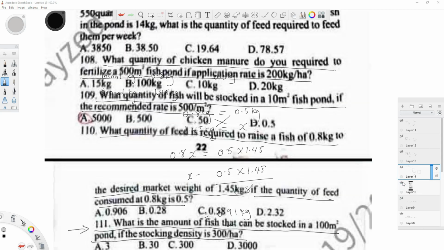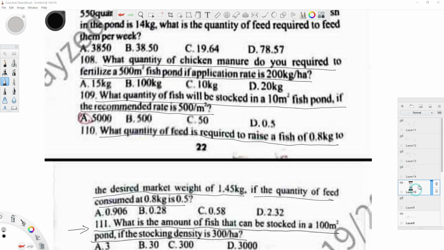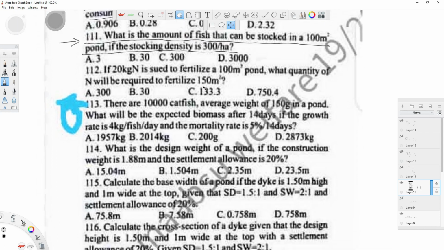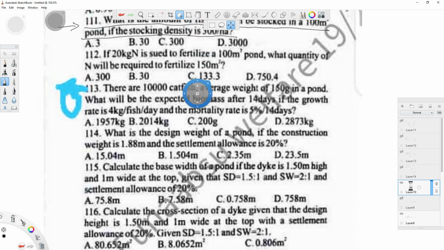So let's check if it is there. Yeah, it is there. 0.906, still the same as 0.91. So that is another kind of relation. Now let's treat this remaining question, then we call it a tutorial.